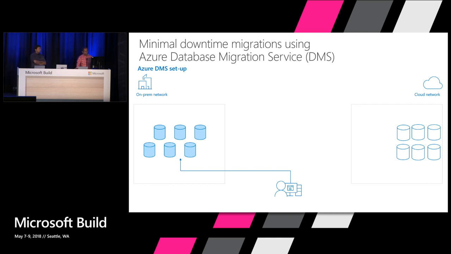We know that at this point, you have the VPN and ExpressRoute connectivity between the on-premises network and the cloud network, so connectivity was taken care of. And then you found out there is an Azure Database Migration Service that will help you to do the minimal downtime migration. We set up everything. We saw how to set up the service and all that. So now we are ready to do the migration.